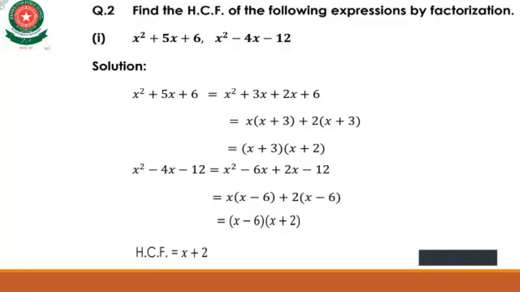You can see that 6 2s are 12, and minus 6 plus 2 is minus 4. Here x is common, remaining will be x + 2, and in the next, plus 2 is common, remaining will be x - 6. Sorry: x is common, remaining x - 6, and plus 2 is common, remaining x - 6. So x - 6 is the common factor, remaining will be x + 2.